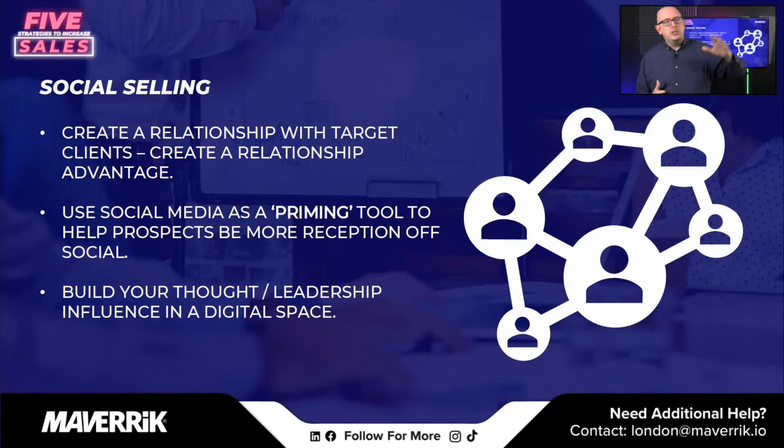So if you think I'm going to make a cold call to XYZ and I'm going to make the call next Thursday or next month, you can prime your prospects, build those relationships so that when you do make that call, when you do reach out by email, they're more receptive to you because they know you, they're aware of you, and there's some degree of rapport that you've built on the platform.